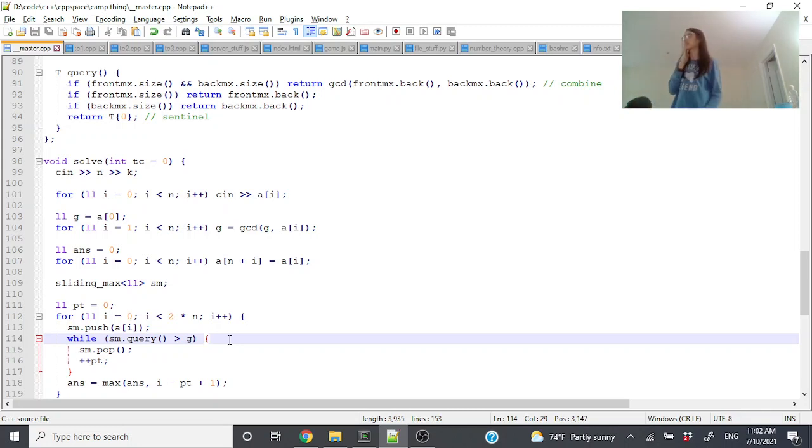Okay, it's the longest subarray such that its GCD is greater. Oh yeah, okay. Less than or equal to.